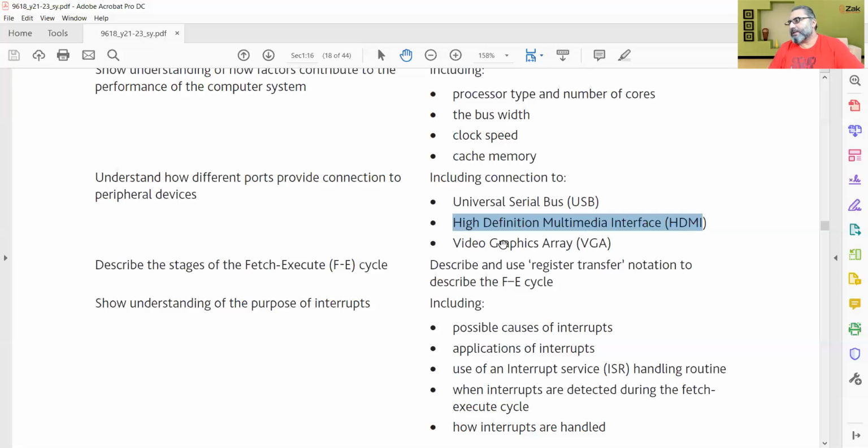Then comes the video graphics array, the VGA card. As we have discussed, it is an older standard. It was not digital, it was analog, and it was not able to send more data at faster rates. The data needed to be converted to analog form before it was sent.